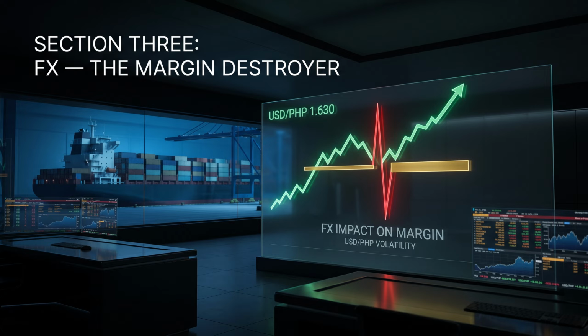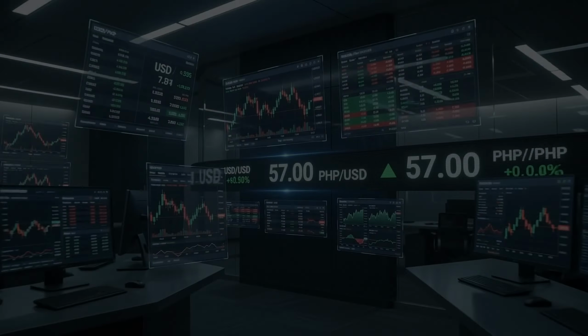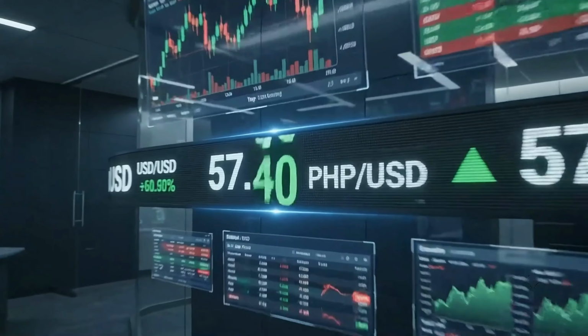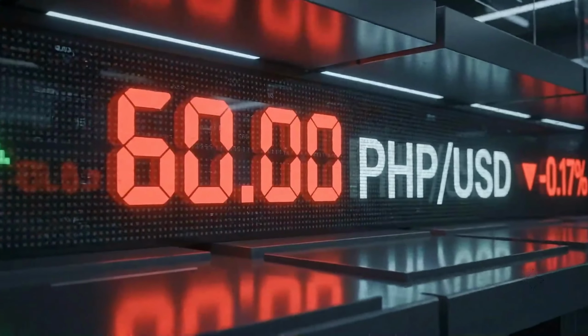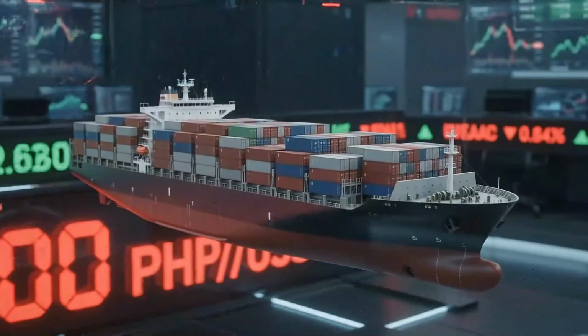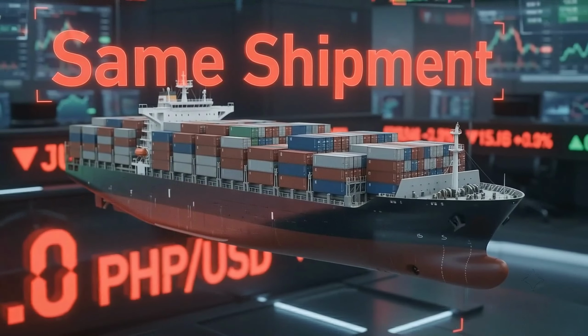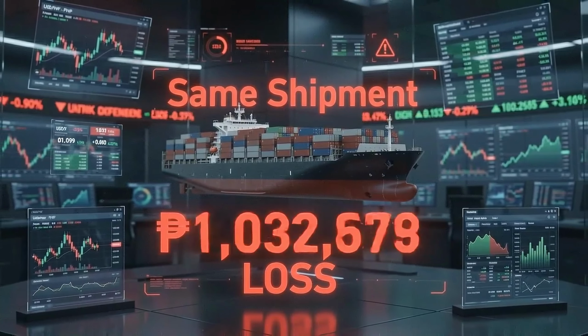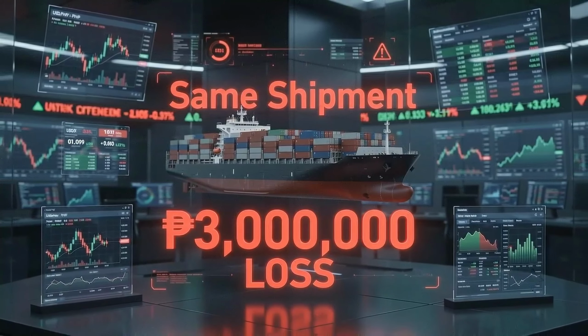Section 3. FX, the margin destroyer. For many importing companies, this is the most critical immediate threat. You buy your commodities in US dollars, but sell in Philippine pesos. A routine shift from 57 to 60 pesos to the dollar creates an instant 3 million peso loss on a $1 million payable for the exact same shipment.